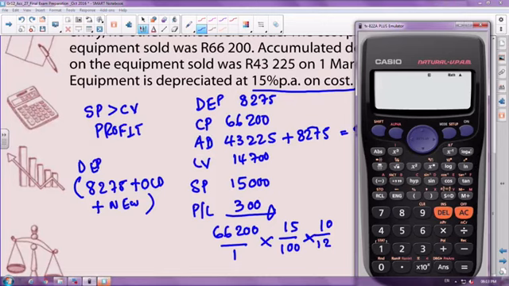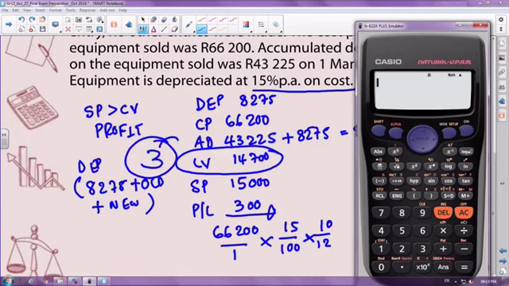Another important factor that you must take into consideration is that this carrying value here, whenever you are doing this, put a big 3 alongside it. Why? Because this carrying value is what you're going to use in note number 3.